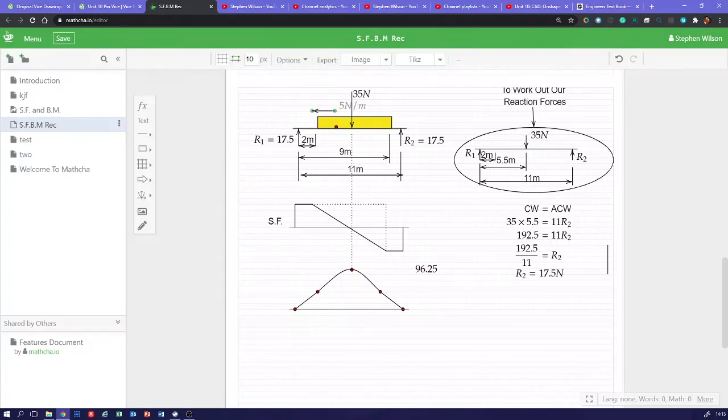So we could go to the left there, and then we'd have to put the point load. Let's say that's 1 meter into our UDL, for argument's sake. Then that's 1 times 5 newtons. So the 5 newtons goes at half a meter away from the point we're taking moments about. Then we can do the calculation, so we'd have a down force of 5 newtons there at the halfway point.